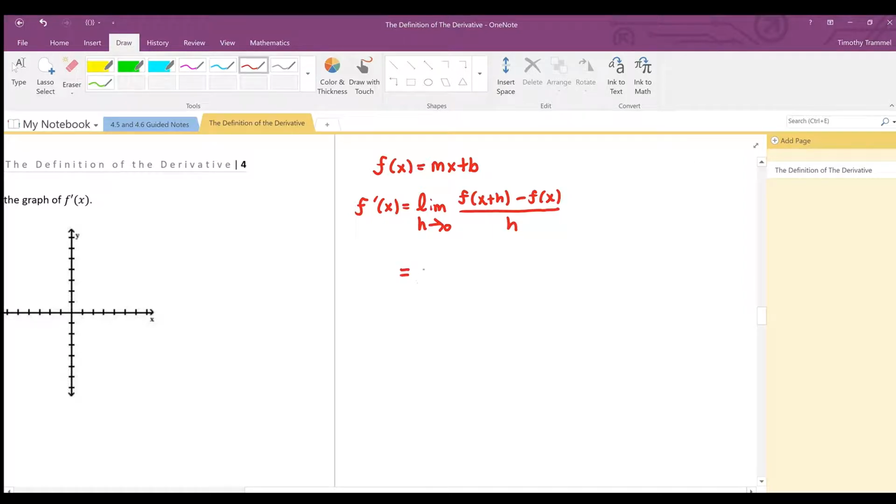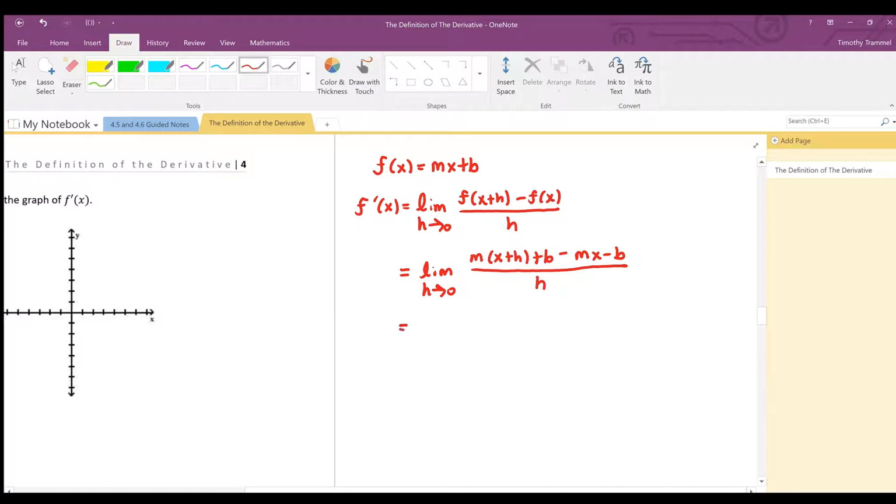Now let's replace x with x plus h. And so that's going to look like m times x plus h plus b. And then let's subtract f of x. So it's going to be minus mx minus b. And then this is all over h.